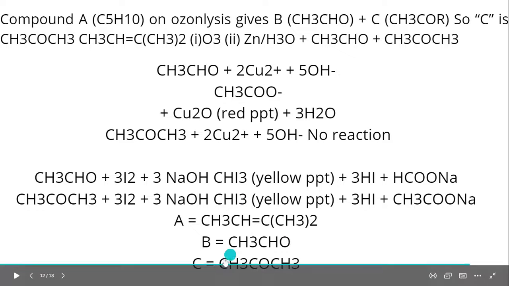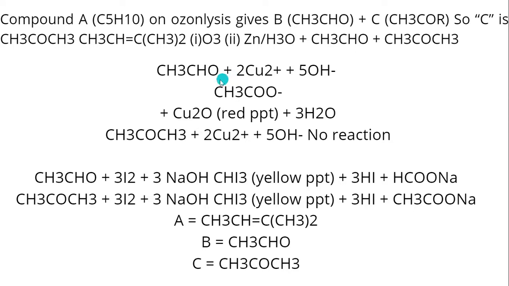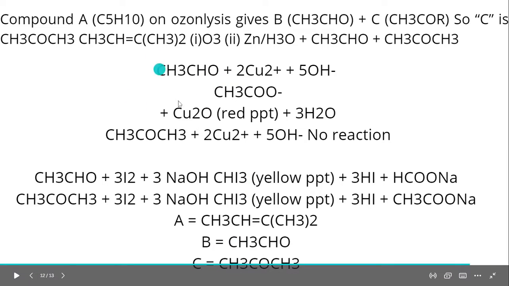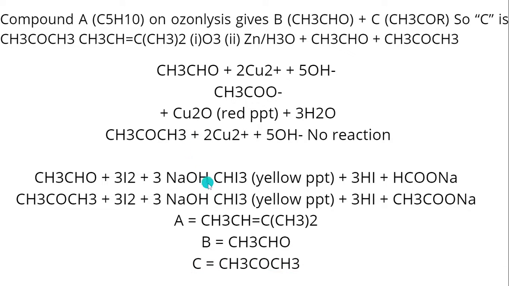So when we combine this, we form A equal to CH3CH=C(CH3)2, and the B that is formed here is CH3CHO, and the C that is formed here is CH3COCH3.